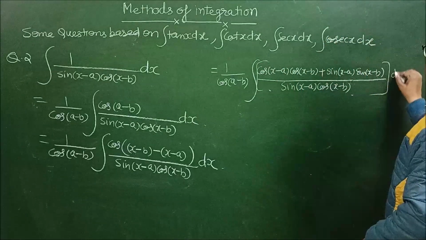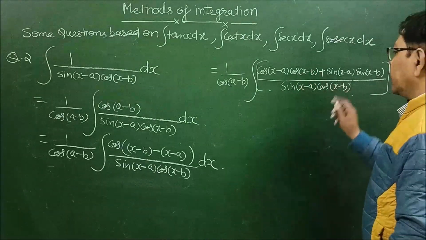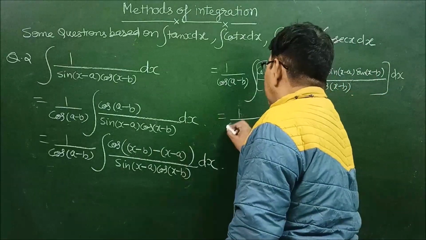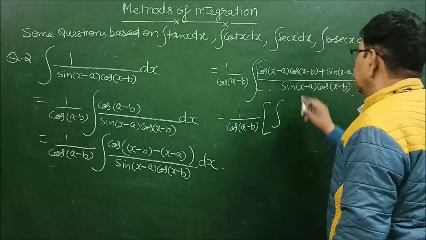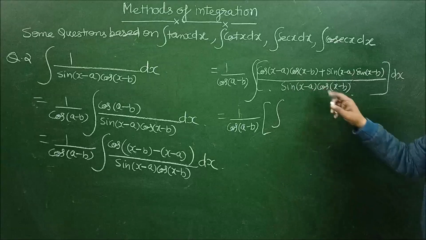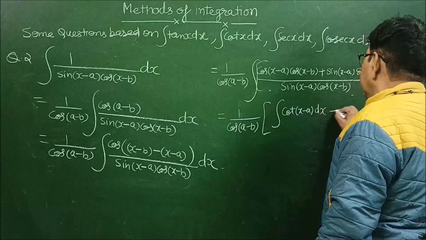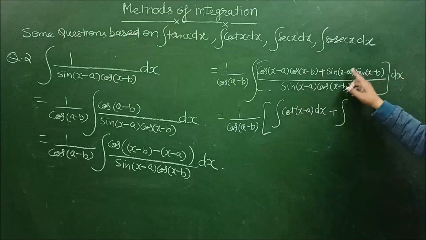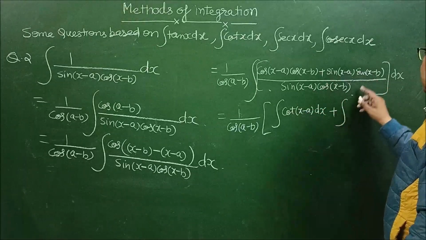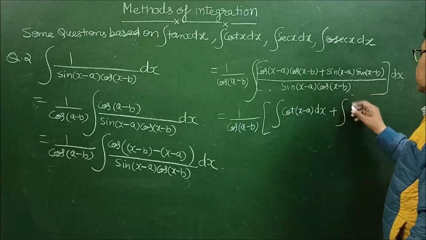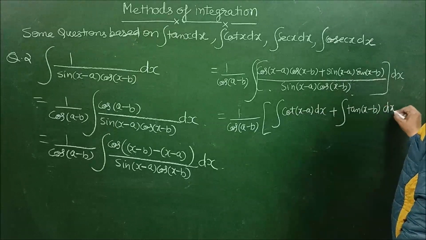dx. Now if we separate the terms here, then cos(x minus b) gets cancelled and we get 1 upon cos(a minus b) outside, then integral of cos upon sin, that is cot(x minus a) dx, plus integral of, if we divide here, sin(x minus a) and sin(x minus a) are cancelled and we get sin upon cos, that is tan(x minus b) dx.